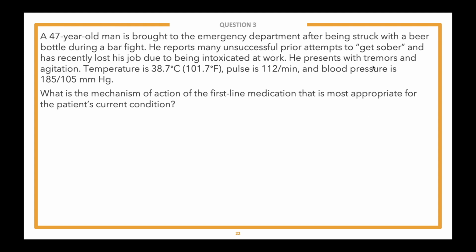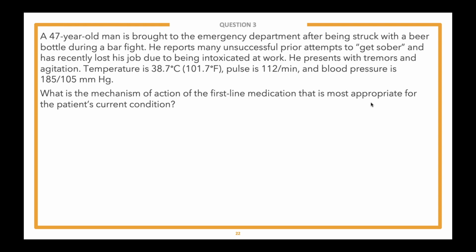I see the responses coming in, so let's go ahead and read that vignette. A 47-year-old man is brought to the emergency department after being struck with a beer bottle during a bar fight. He reports many unsuccessful prior attempts to get sober and has recently lost his job due to being intoxicated at work.